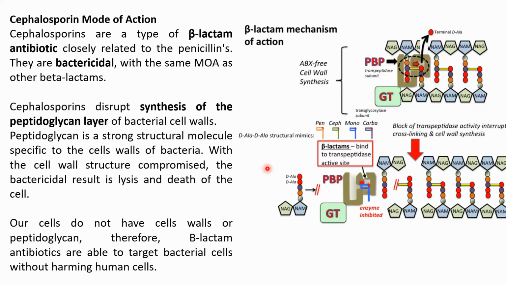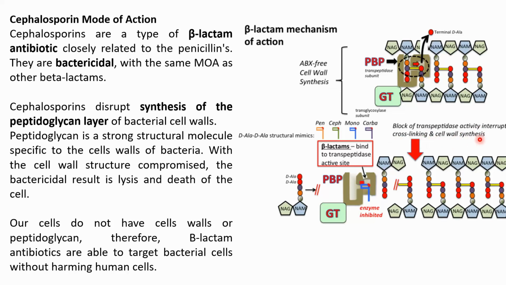Here you can see the beta-lactam compounds generally bind with the transpeptidase enzyme. This transpeptidase enzyme causes the cross-linking in the cell wall. If this transpeptidase gets blocked, it will interrupt the cross-linking of cell wall synthesis, and because of that the cell wall will become weak.